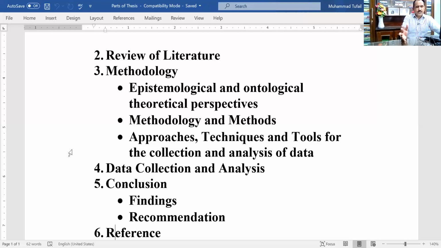In the chapter of methodology, you have to discuss what methodology you have chosen, and what methods you are using, whether this is experimental research, whether it's a quasi-experiment research, whether it is grounded theory research, you are guided by a theory, this is the deductive logic you are using, and either you are going to produce a new theory, this would be an inductive approach. फिर आप कौन से method use कर रहे हैं, what type of questionnaires you have done, what type of interviews have you done, whether you have done document analysis, content analysis, semantic analysis, or critical textual analysis.